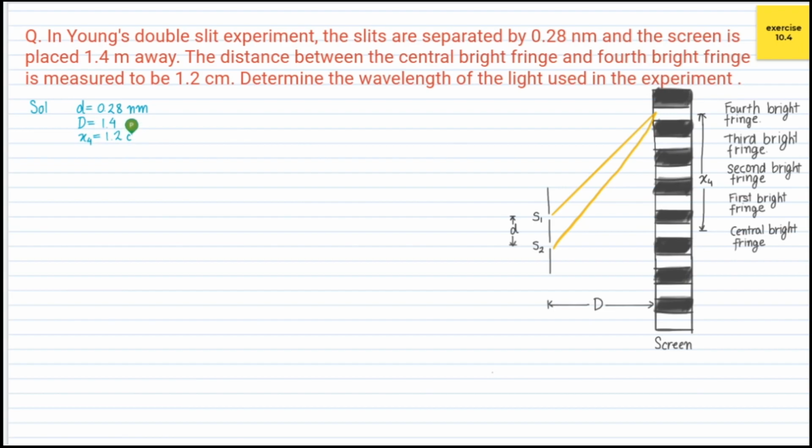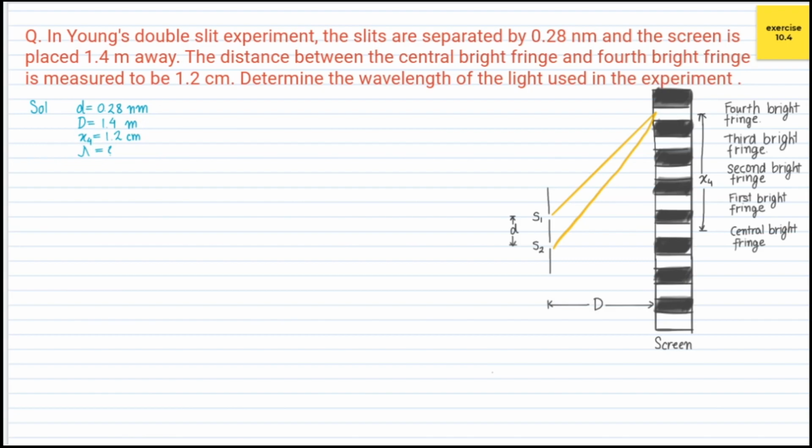Now in the question they have asked you to calculate the wavelength of the light used. Now look here, this is in nanometers, this is in meters, this is in centimeters. So we'll restrict ourselves to the MKS system, meter kilogram second system.